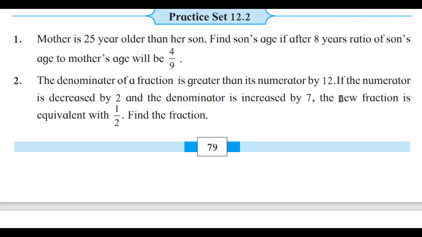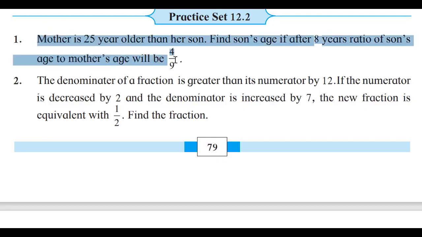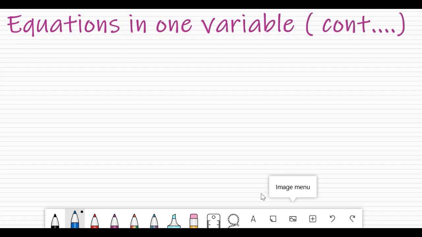Mother is 25 years older than her son. That is one thing given. Second, find son's age. What we have to find is son's age if after 8 years from now the ratio of son's age to mother's age will be 4/9. So we need to create an equation to solve it. That is what is important here.